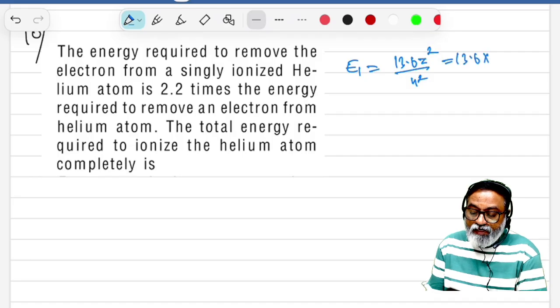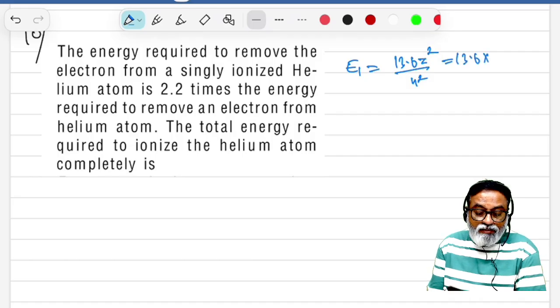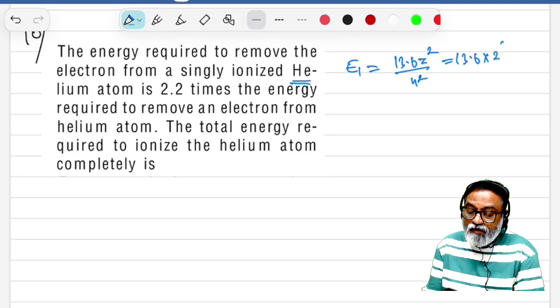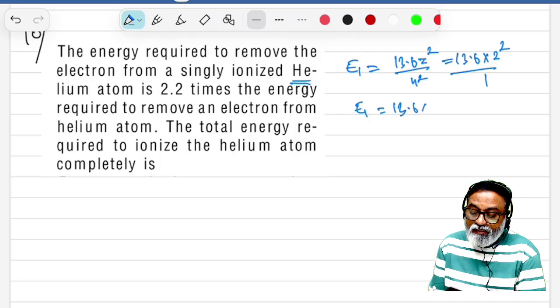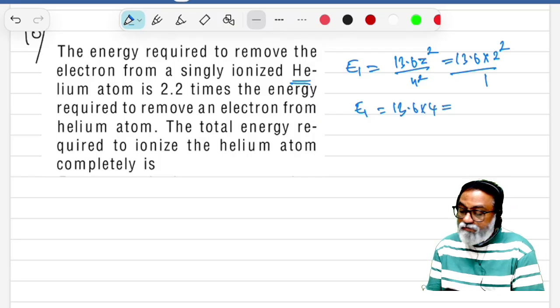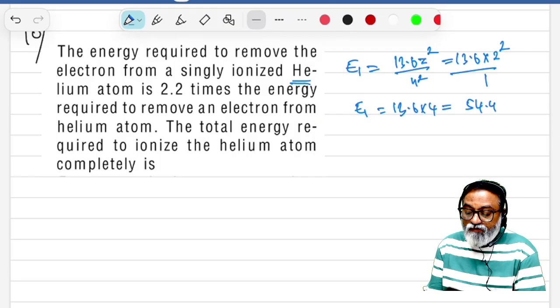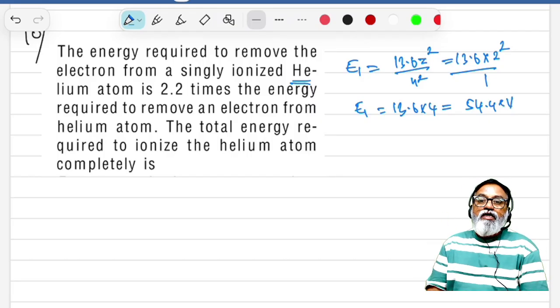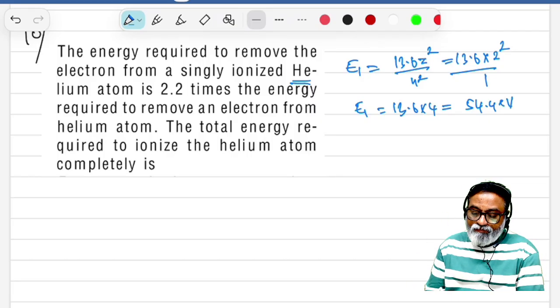Here it is helium, therefore Z is 2, so 2 square, and n is equal to 1. Therefore, E1 is equal to 13.6 into 4, which becomes 54.4 electron volts. This is the energy to remove the electron from singly ionized helium.